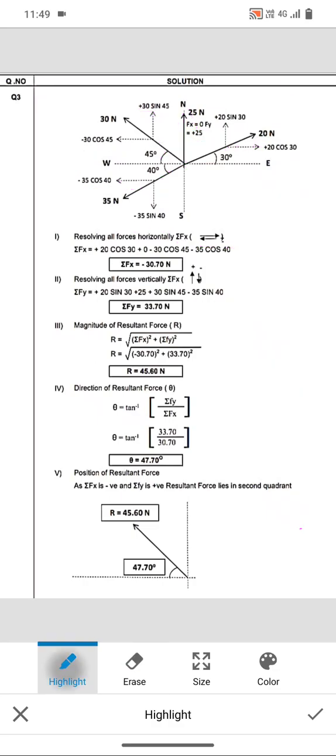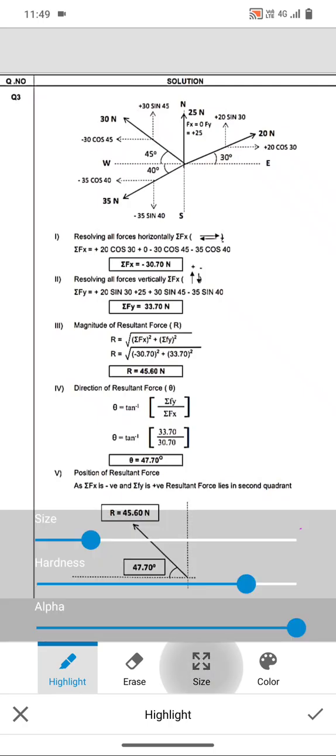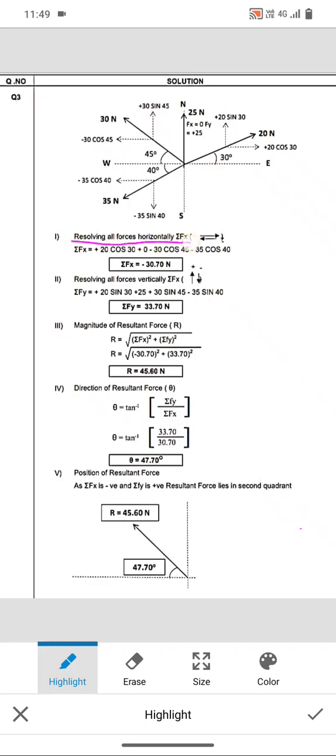Now we will sum all forces horizontally. The sign convention for horizontal is towards right positive and towards left negative. First is plus 20 cos 30, then the second force has Fx equal to 0, therefore plus 0, then minus 30 cos 45, then the fourth is minus 35 cos 40.